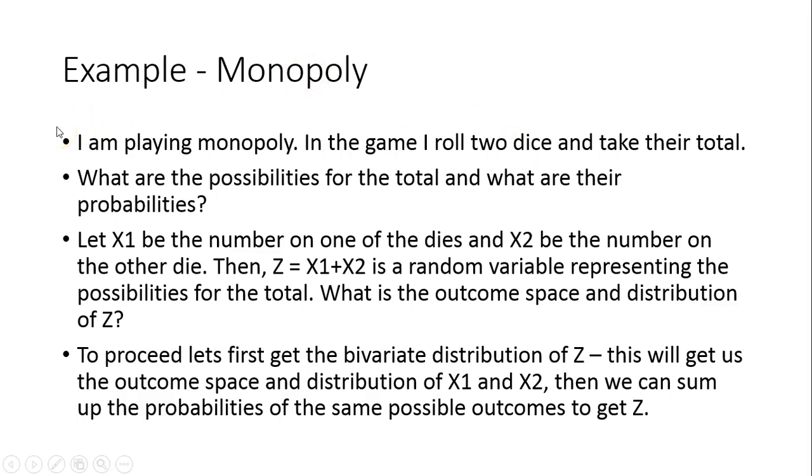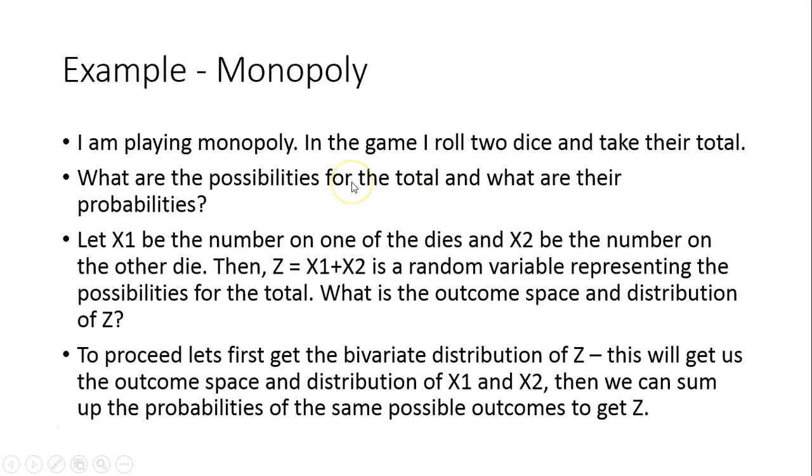So I'll give you another example with a die roll. I'm playing Monopoly. It's a board game, if you don't know what Monopoly is. In the game, I roll 2 dice and take their total.